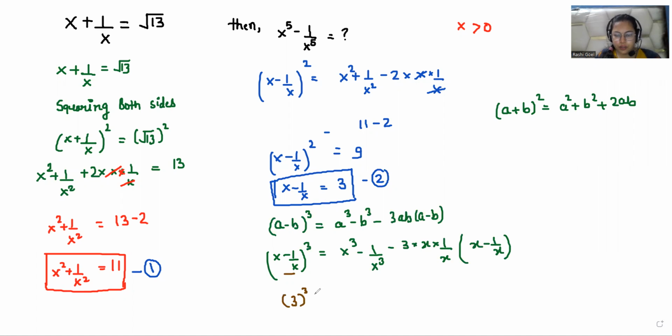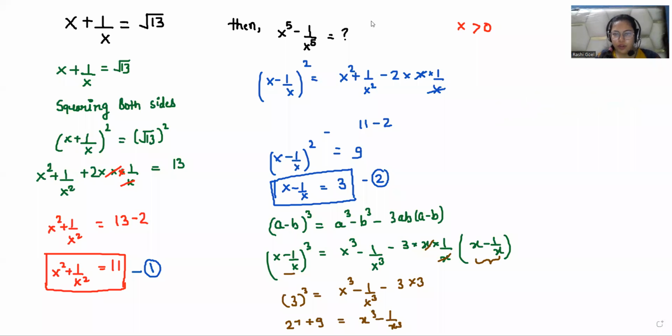So here 3 cube is equal to x cube minus 1 over x cube minus, I can eliminate this, so only 3 left, and I can replace this bracket x minus 1 over x with equation number 2, that is 3. So 3 times 3. So here 3 cube is 27 and here minus 9 comes here as plus 9 is equal to x cube minus 1 over x cube. So the value of x cube minus 1 over x cube is 36. This is my equation number 3.